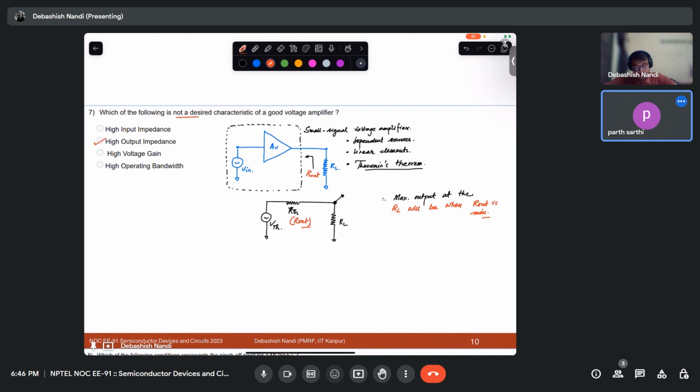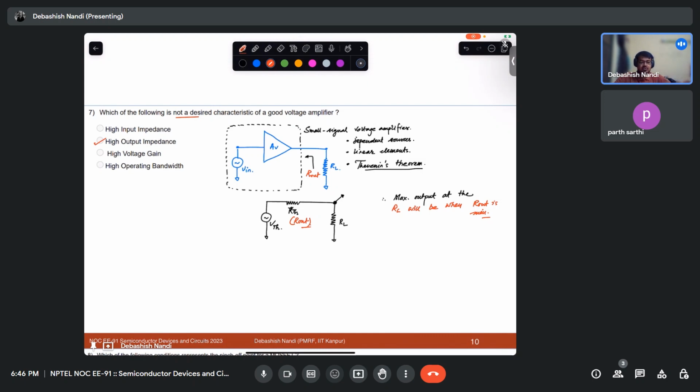Yes, sir. So this is how you should think about all the circuits. Whatever you have told is right, but how to spell that out when you are telling someone, say in an interview, you should tell that this is a voltage controlled voltage source kind of thing, a voltage amplifier, that is small signal and linear.